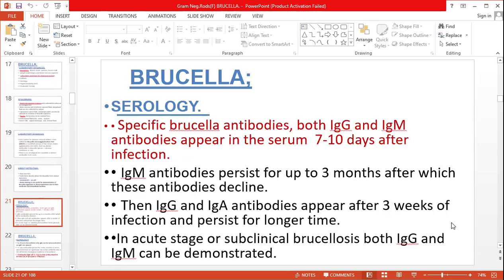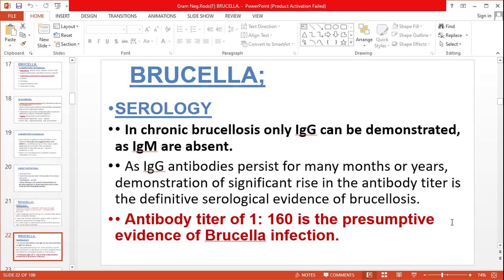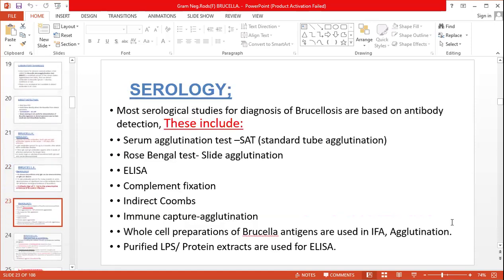In serology, both IgG and IgM antibodies appear in the serum 10 days after the infection. An antibody titer of 1:160 is presumptive evidence of Brucella infection. In serological tests, we do the serum agglutination test, Rose Bengal test, ELISA, complement fixation test, indirect Coombs test, and immunocapture agglutination.